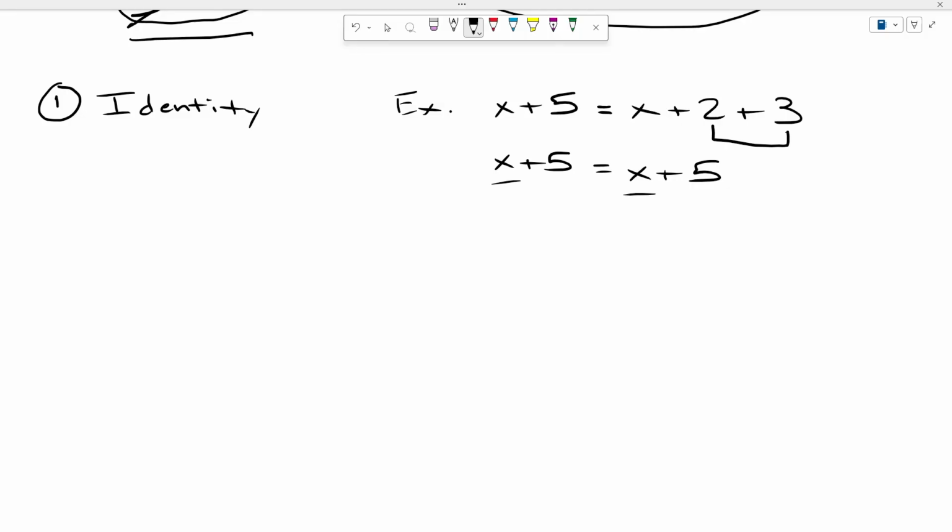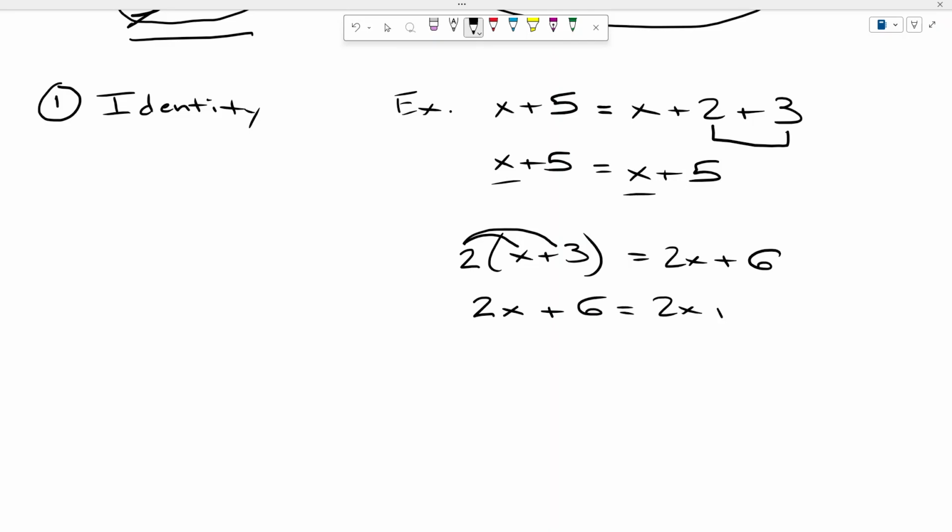We'll do one more example of that. I think you can see where this one is going. If we distribute, get rid of the parentheses, we end up with 2x plus 6 equals 2x plus 6.